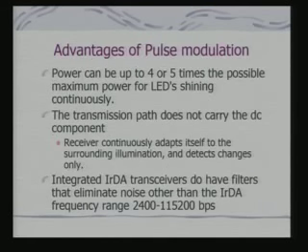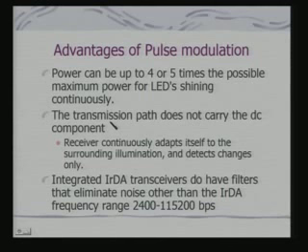Another interesting thing is that this power can be up to 4 or 5 times the possible maximum power for LEDs shining continuously. This scale up is really the reason for using pulse width modulation.